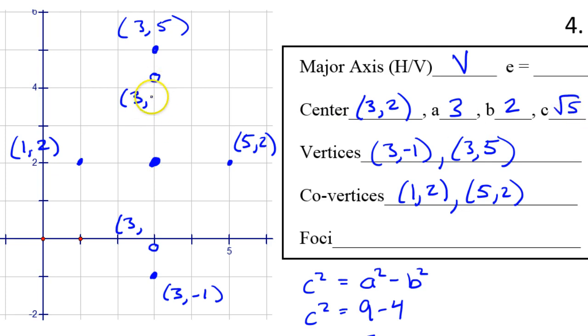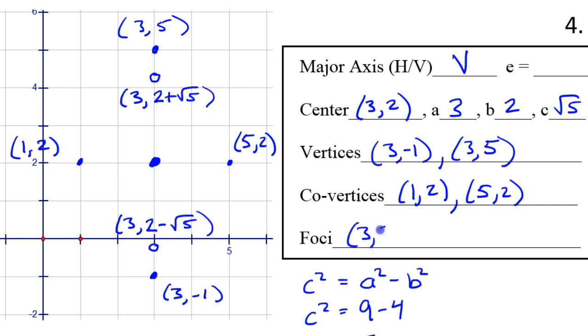That means the y value of this focus will be 2 plus radical 5, and we just have to leave it like that. The y value of this lower focus will be 2 minus radical 5. I'm going down by the c value of radical 5. So I can simply put 2 minus radical 5.